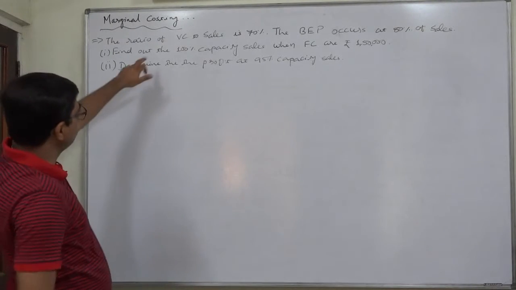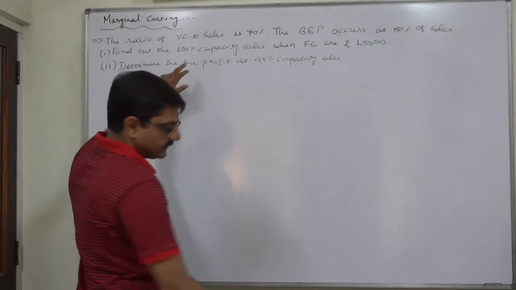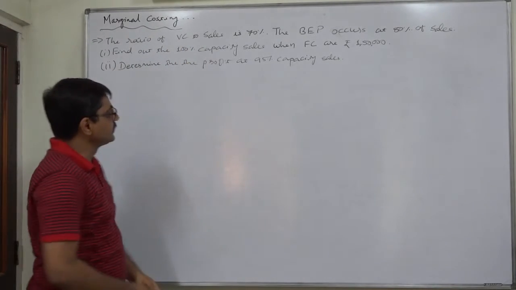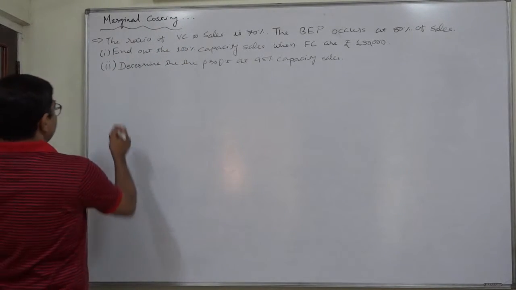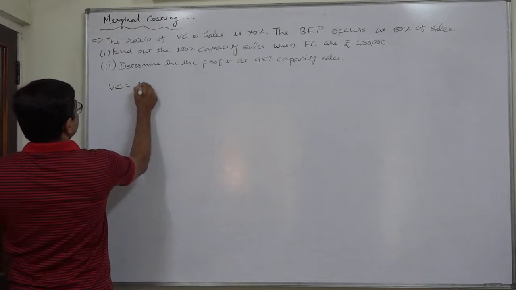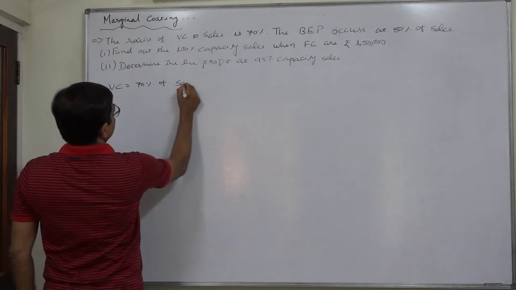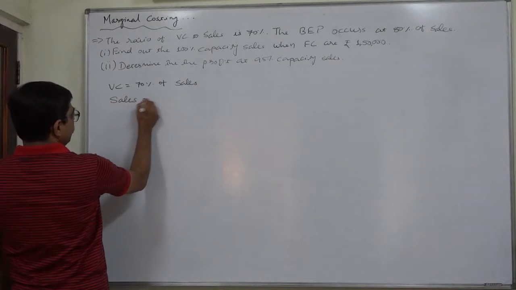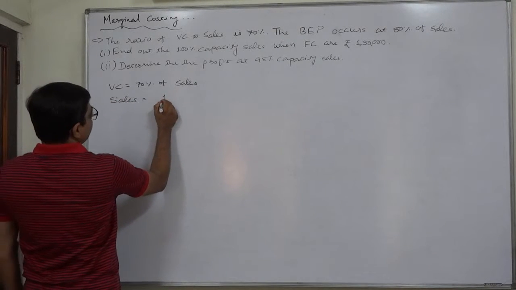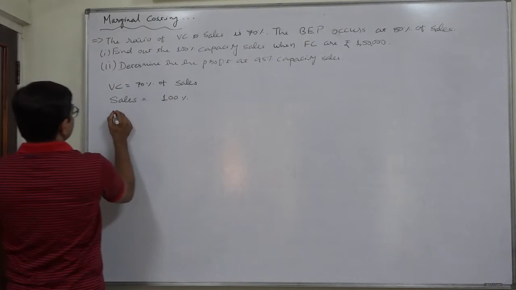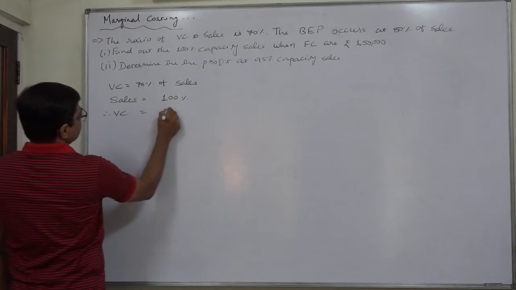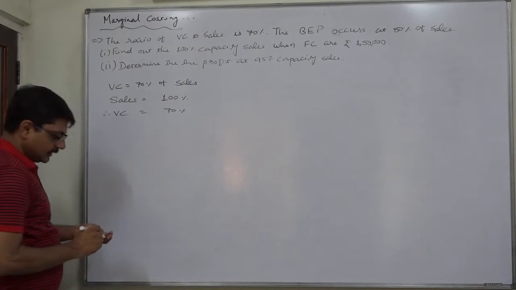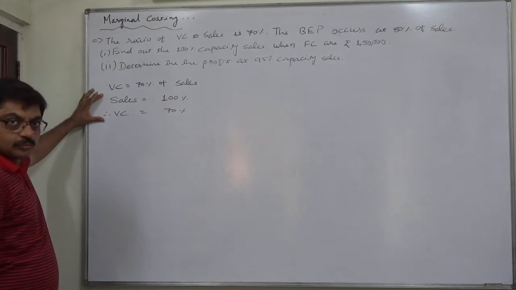But there is a relationship between the variable cost and sales. The variable cost is given to be 70% of sales. That means if sales revenue is 100%, variable cost is 70%. Then what about the gap between these two?